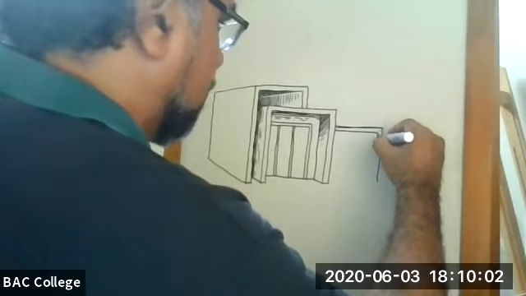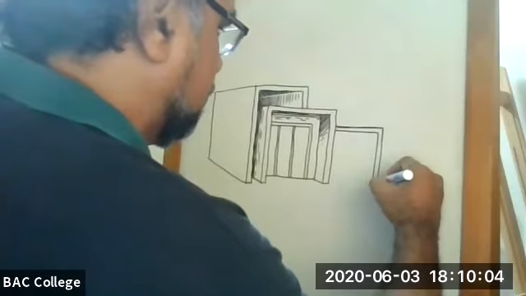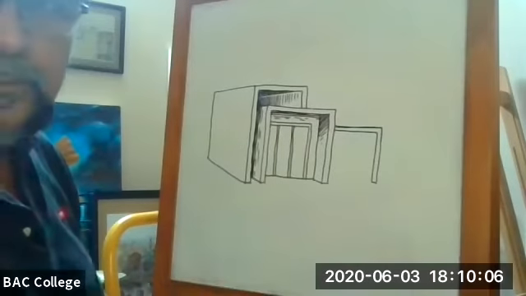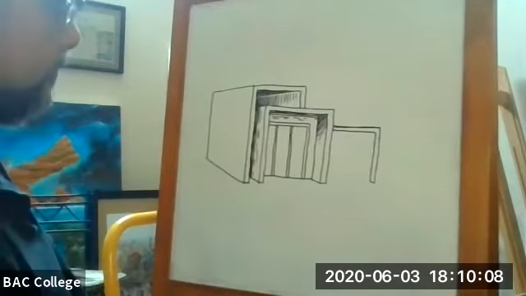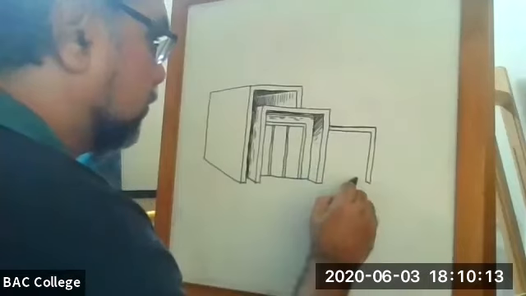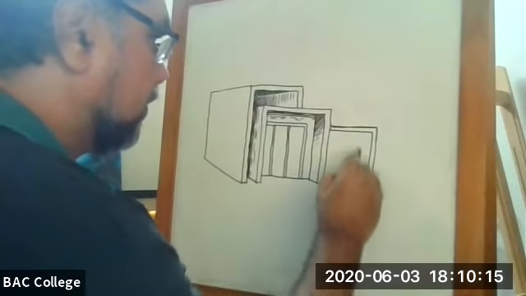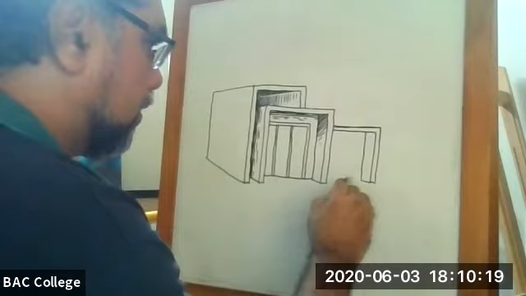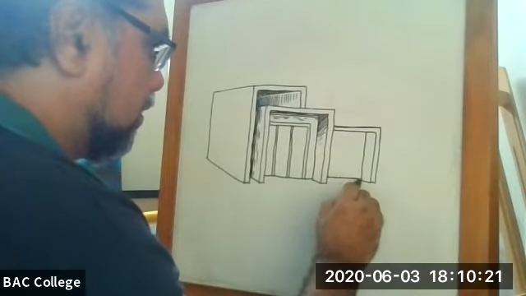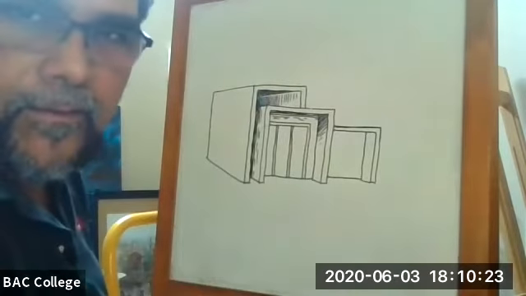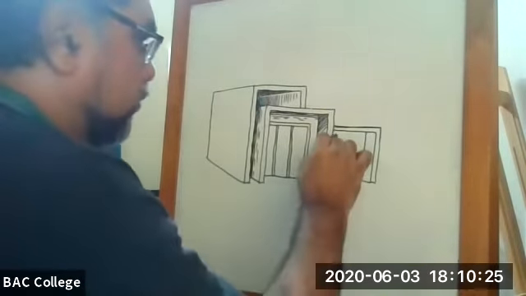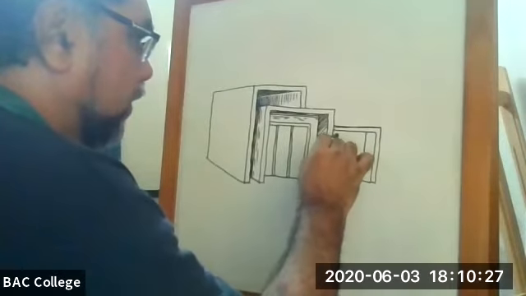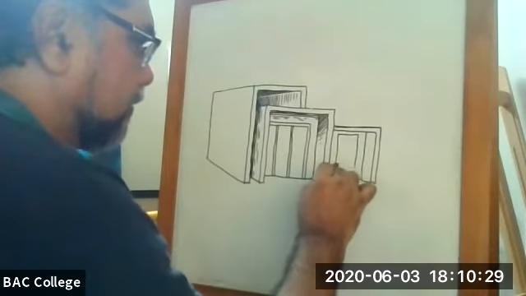Okay. Now, next one you can do is you can maybe draw another block here. A smaller block right over here. Okay. And also you can do the same thing. Okay, like that. So you can probably draw a simple window like this over here.